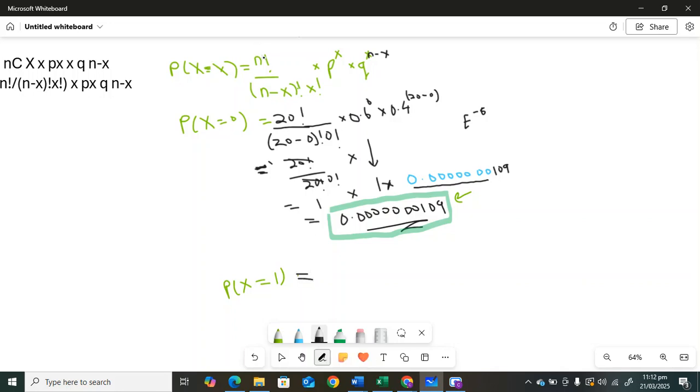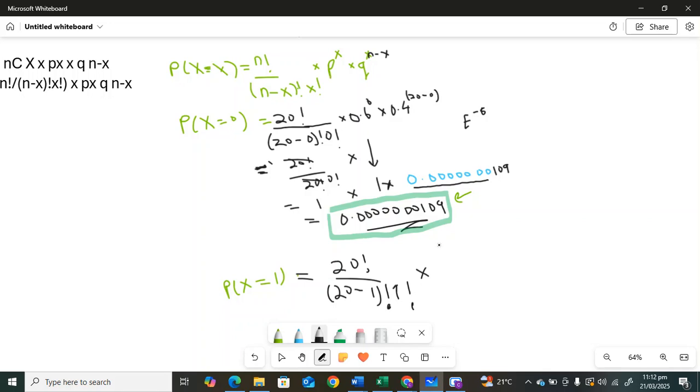So the same formula: n factorial, 20 factorial, over n minus x, in this case x is 1, so 20 minus 1 factorial, then x factorial again, 1 factorial, multiplied by p.